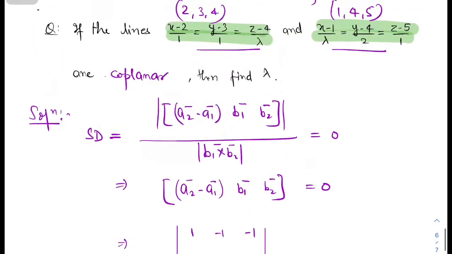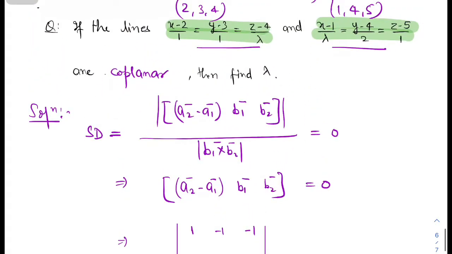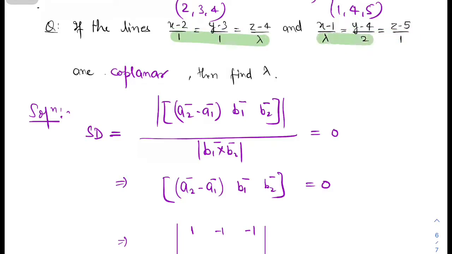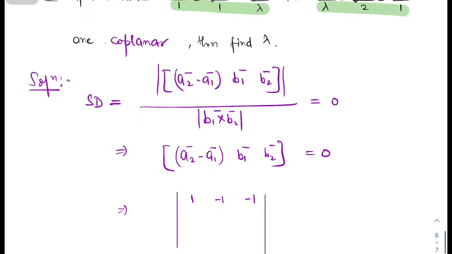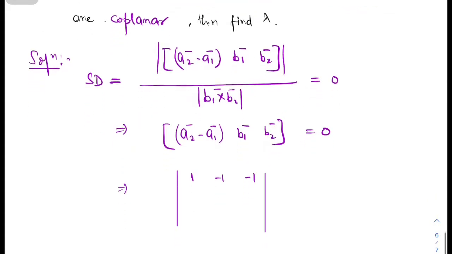b1, what is b1? b1 is basically the parallel vector, this parallel vector and this parallel vector. You can take any as b1 and b2, so you will have to just write 1 1 lambda in one row and lambda 2 1 in another row.